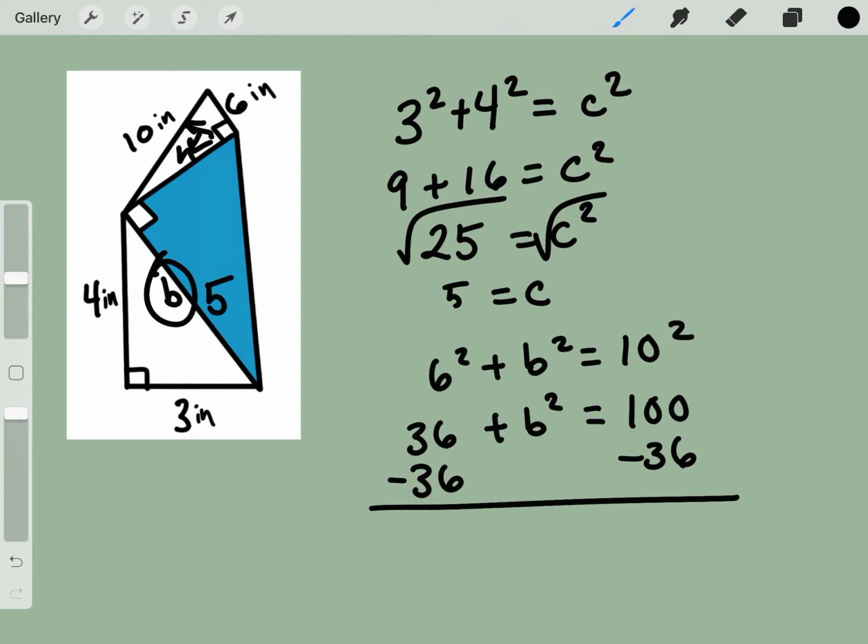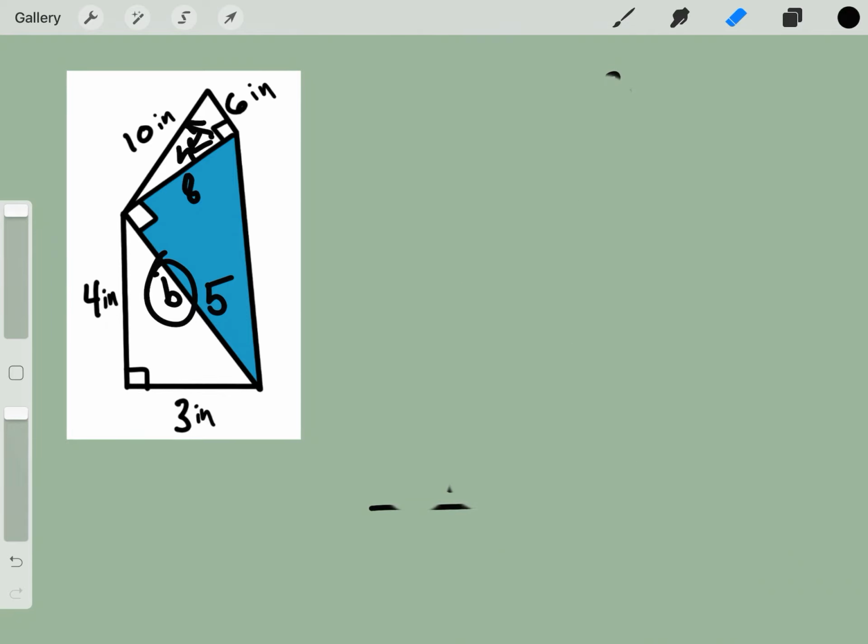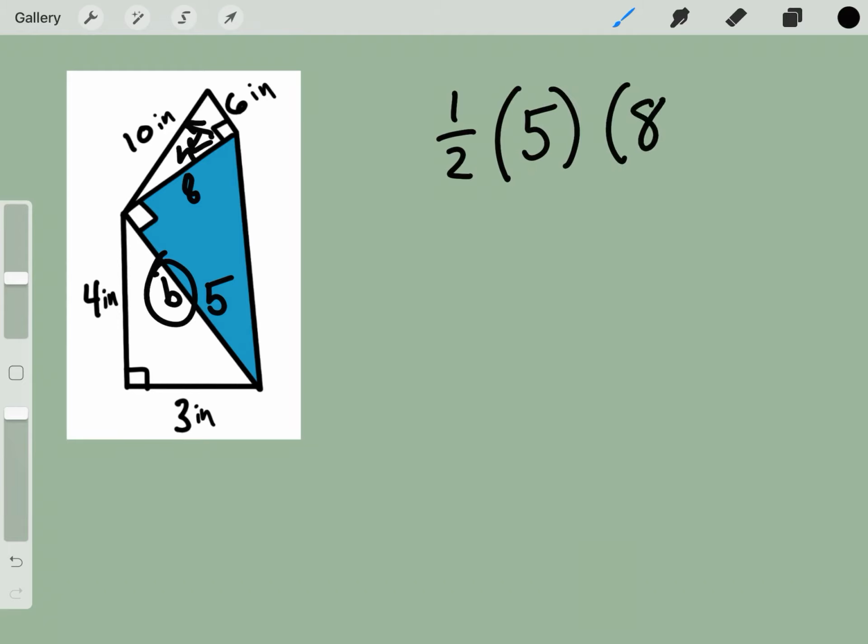Great. The value of b is going to be, we have b squared equals 64, square root both sides, b equals 8. So we now know that the base and height of that triangle are 5 and 8, and we can now use that information to find the area of that blue triangle. 1/2 base of 5 times height of 8.